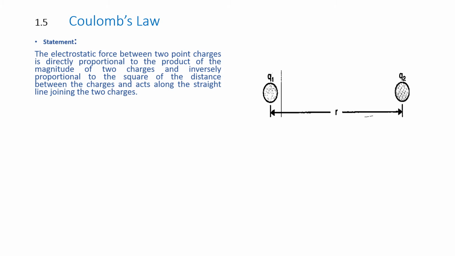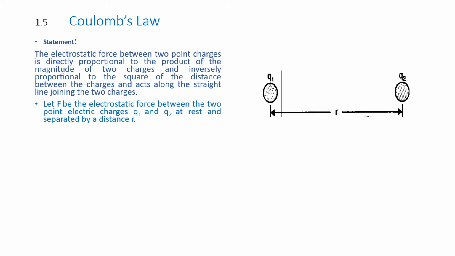Please see the figure given on the right hand side. In this figure, there are two charges Q1 and Q2 separated by a distance r. Let F be the electrostatic force between the 2 point charges Q1 and Q2 at rest and separated by a distance r as shown in the figure.